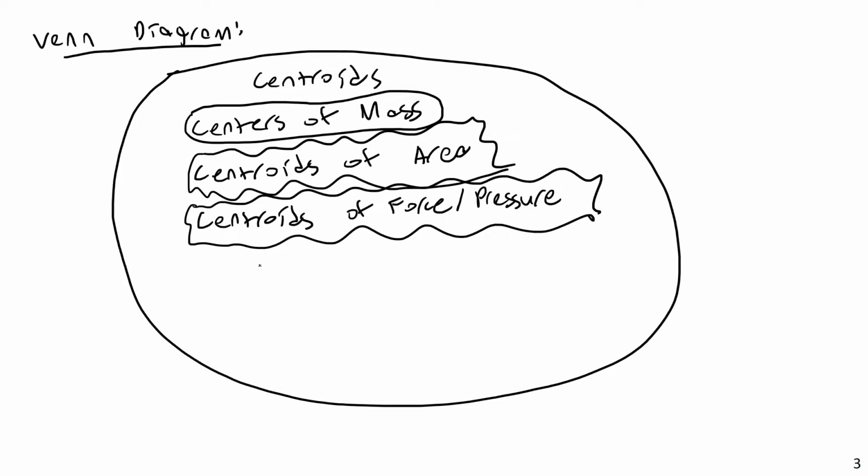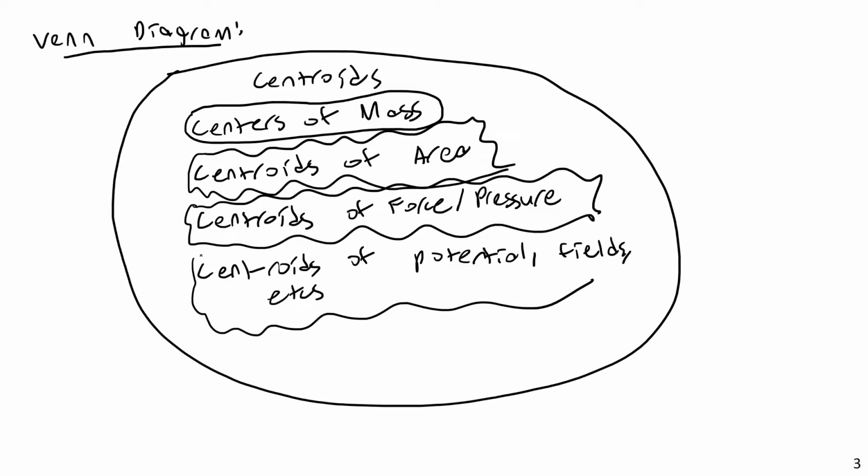And if you get into things like electrical theory, gravitational theory, you can have centroids of electric fields, gravitational fields, or maybe potential fields, etc. You can deal with centroids in terms of many different things.